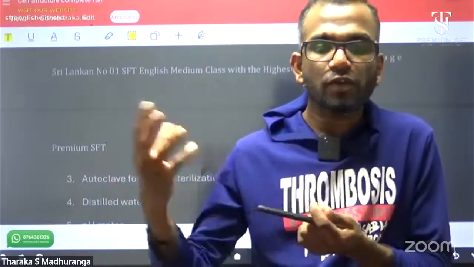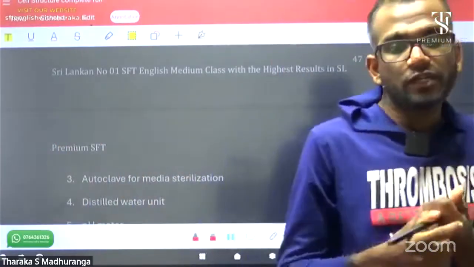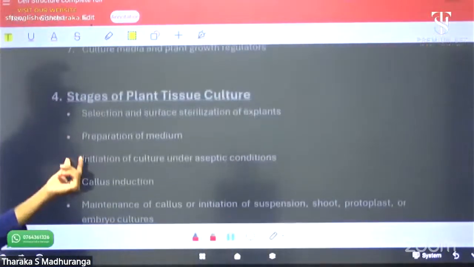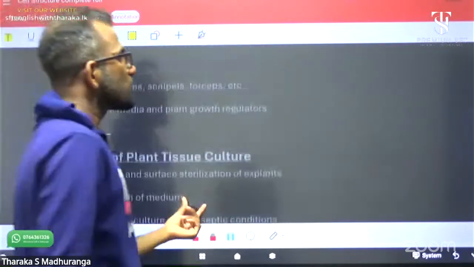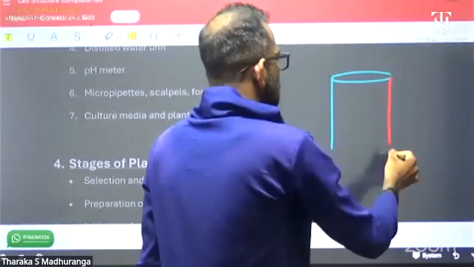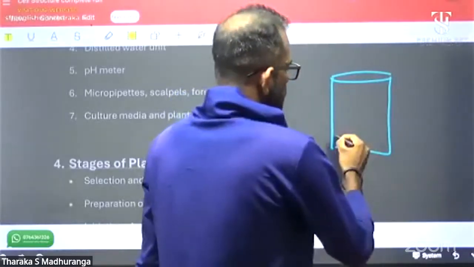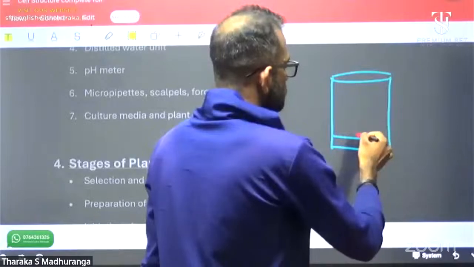It's a completely, artificially controlled condition. Normally we do this process inside a beaker or jam bottle like that. Think this is the culture media and this is the explant.